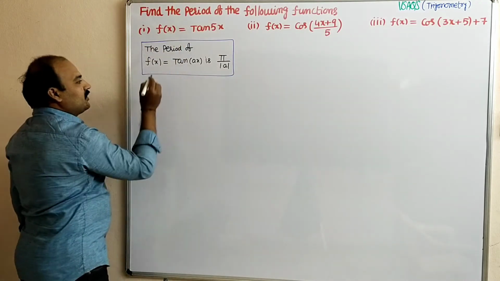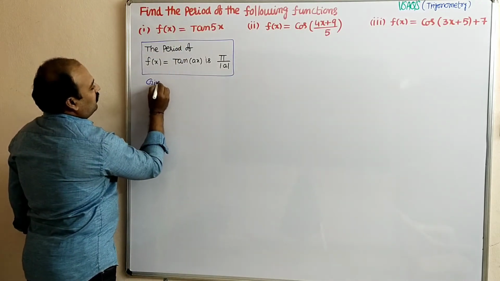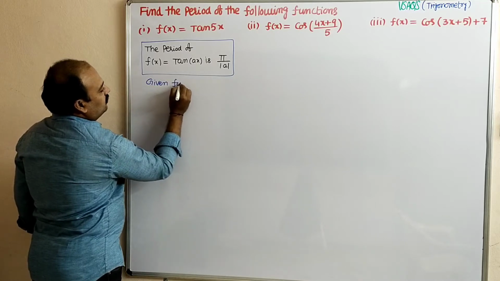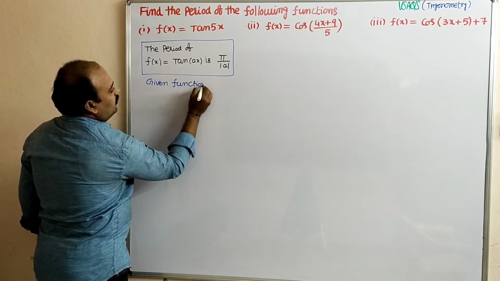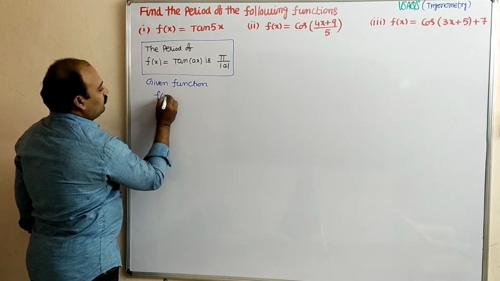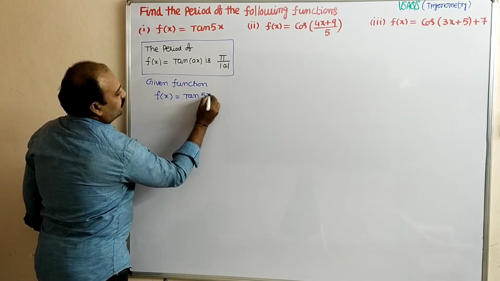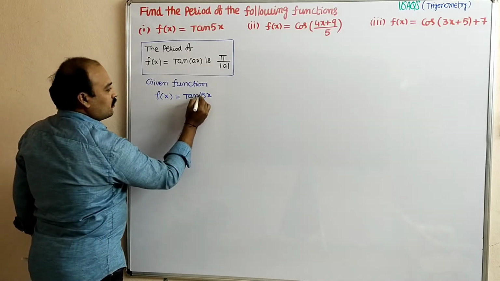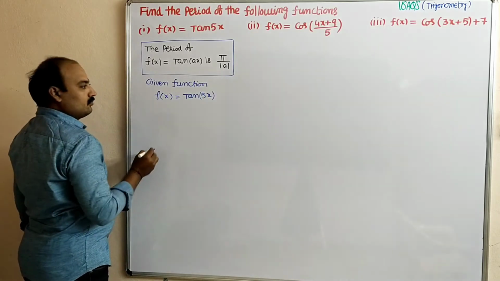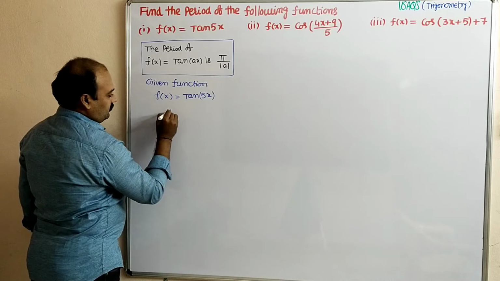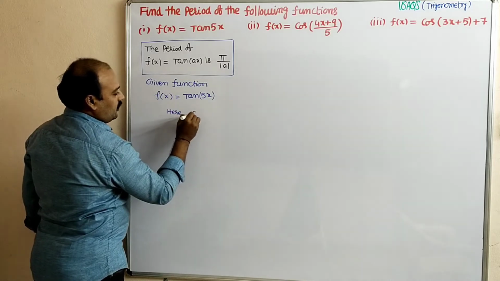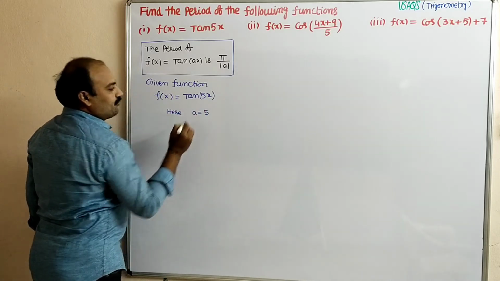Now you write the given function. f of x equal to tan 5x. Here a is equal to 5.